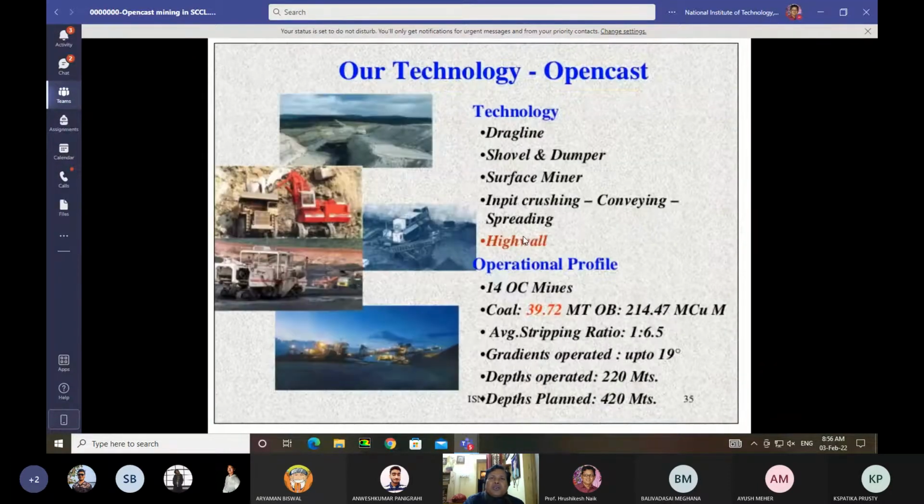So in this we have also discussed the Singareni Collieries Company Limited. They are using the draglines, the shovel dumper, the surface miner, and in-pit crushing, conveying and spreading technology. They are also using high wall mining, and these things we have discussed in the previous class.